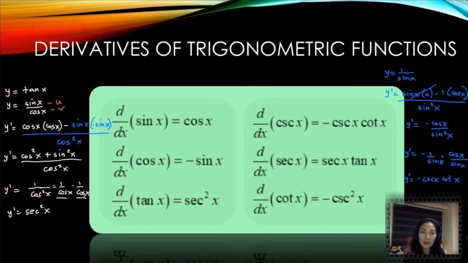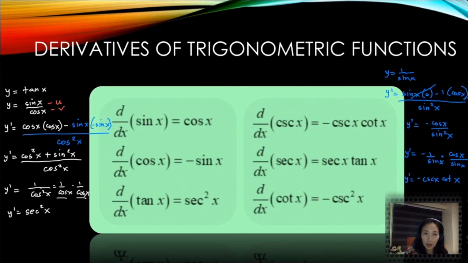So if you know the derivative of sine and the derivative of cosine, then do not worry, because you can derive on your own the derivatives of tangent x, cosecant x, secant x, and cotangent x, because you know very well your quotient rule. Now we proceed to the next.